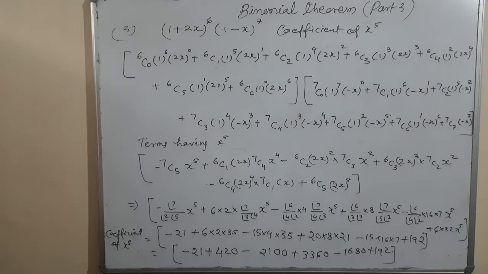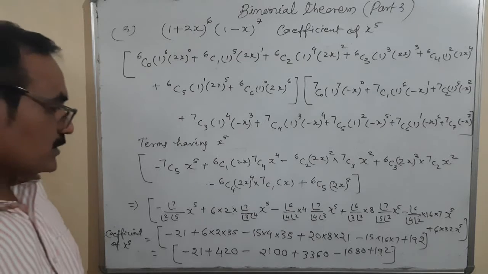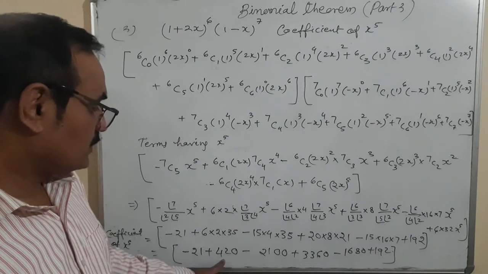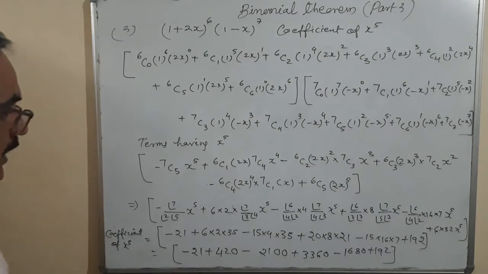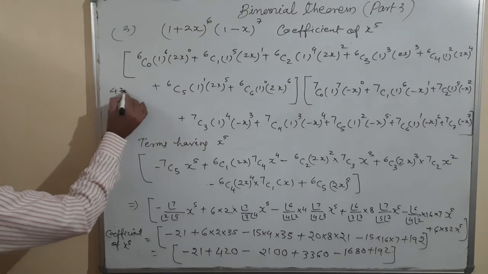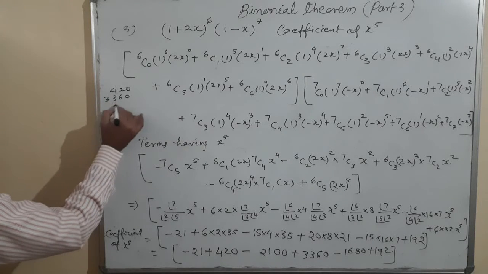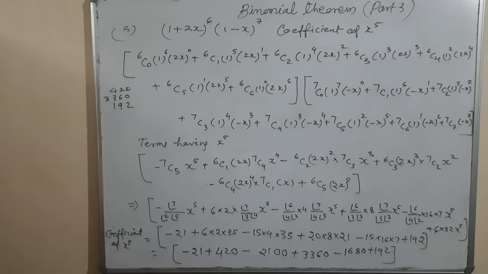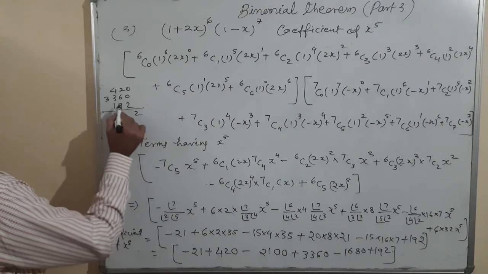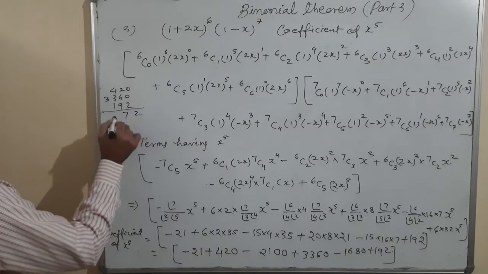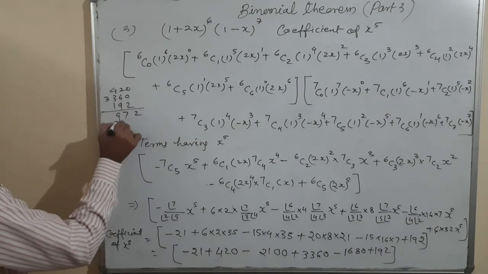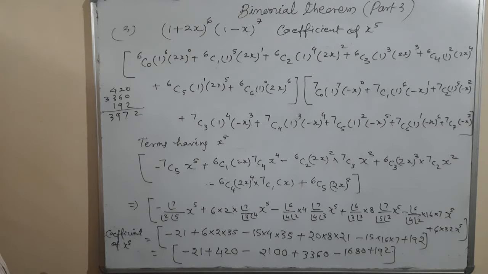So let us see when we are going to add all the positive terms and negative terms. Positive terms are 420, 3360 and 192. Isn't it? So the result is 3972.